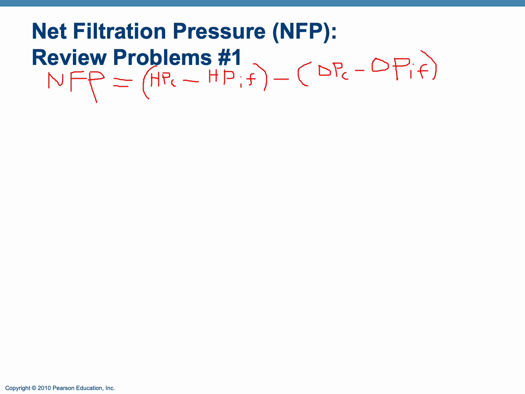Okay, so again, what do these terms mean? Of course, NFP, net filtration pressure, referring to the capillary, so that's equal to, in parentheses, the HPC, the hydrostatic pressure found within the capillary minus the HPIF, hydrostatic pressure in interstitial fluid, minus, in parentheses, the OPC, so this is referring to the osmotic pressure in the capillary, minus the osmotic pressure in interstitial fluid.